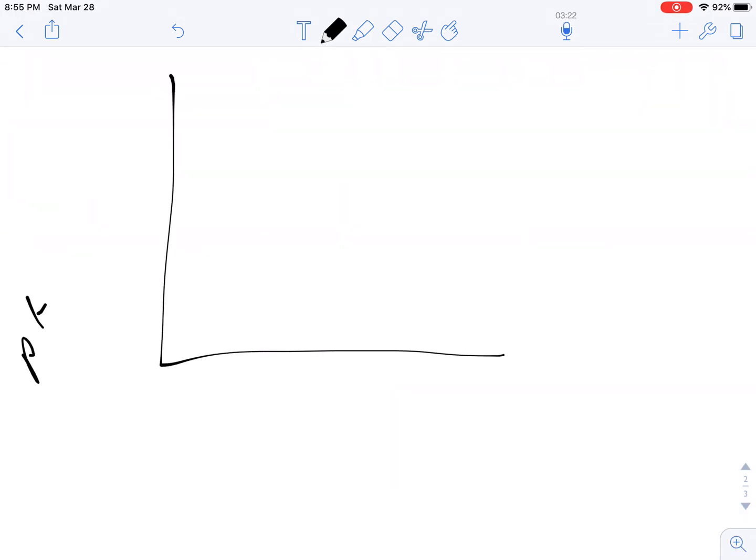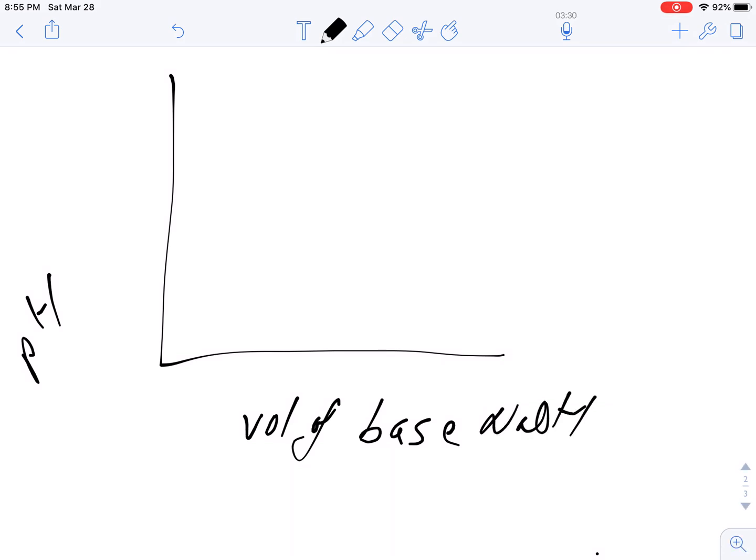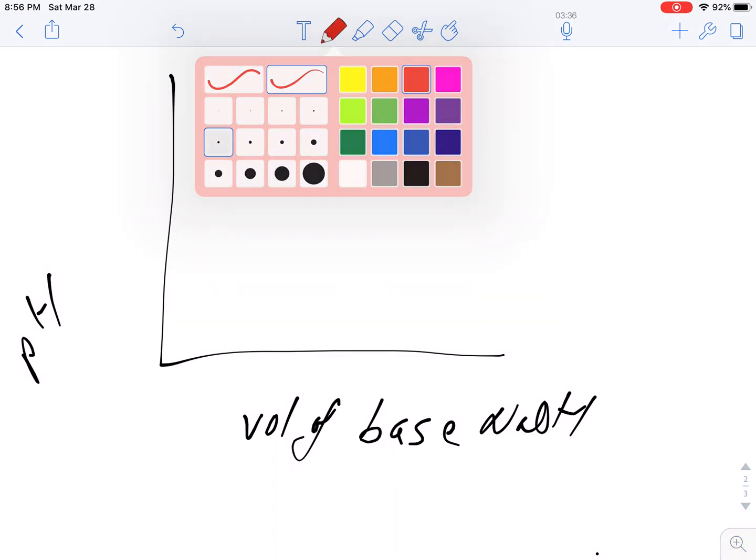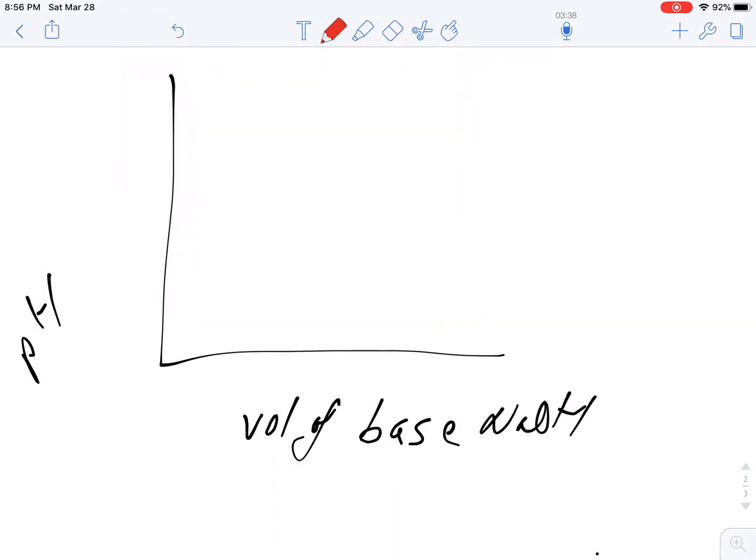on the y-axis you have pH, and on the x-axis you have the volume of base that you add. So in this case our base is sodium hydroxide. And when we begin, it means that you just have no volume of base added.